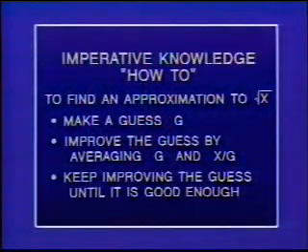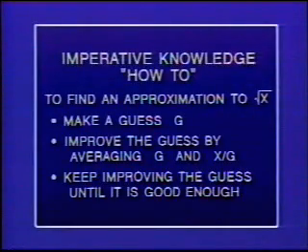Let's go back and take another look at that slide with the square root algorithm on it. Remember what that says. That says in order to do something, I make a guess, and I keep improving that guess. So there's the general strategy of I'm looking for something, and the way I find it is that I keep improving it.